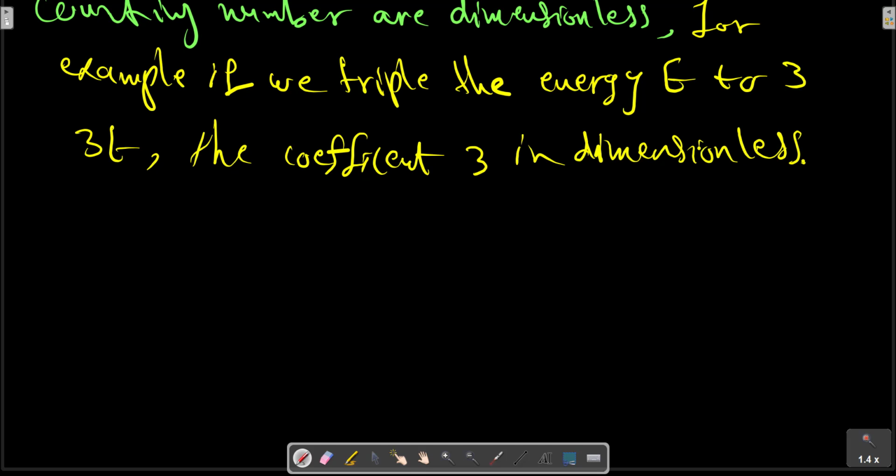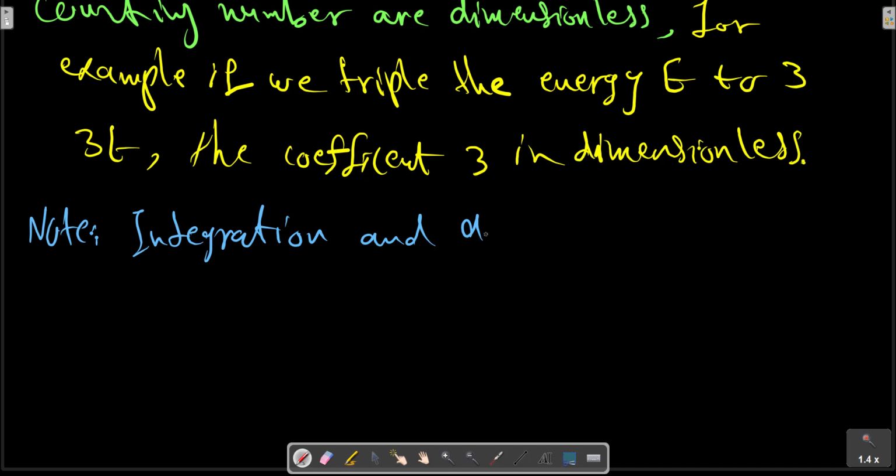Note that integration and differentiation of an equation may change the dimension, but not the homogeneity of the equation.